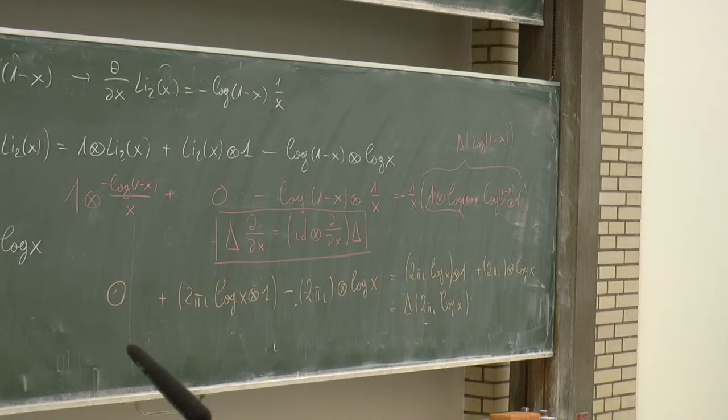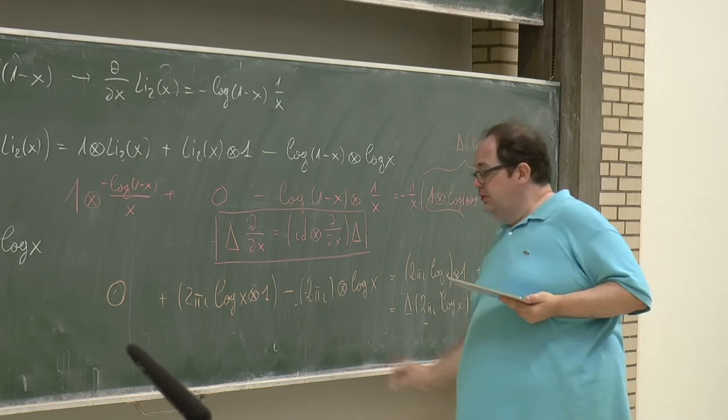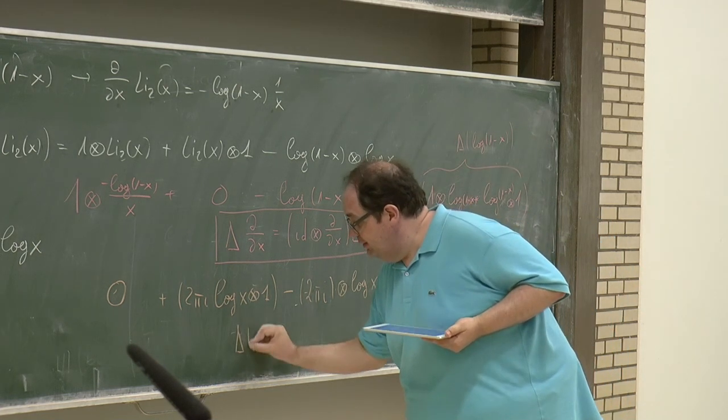That is, if you want, a deep reason why 2 pi i has a special role in the first slot, because this first slot is the one that knows about the discontinuities.